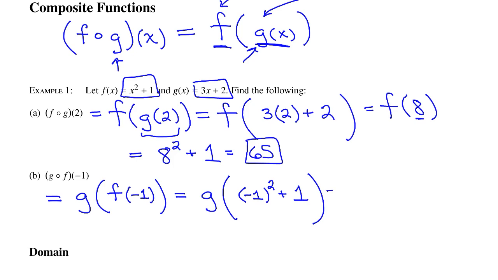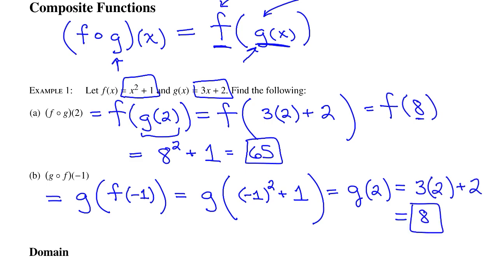Negative 1 squared is 1, plus 1 is 2, so this is asking for g of 2. And now we take 2 and plug it into the g function, and that's 3 times 2 plus 2, which is 8. So g composed with f of negative 1 is 8.